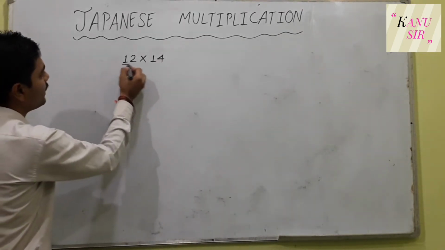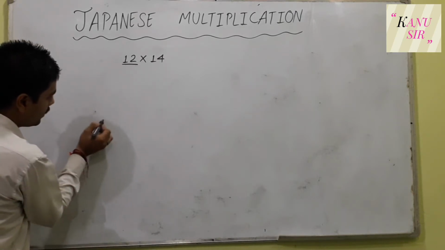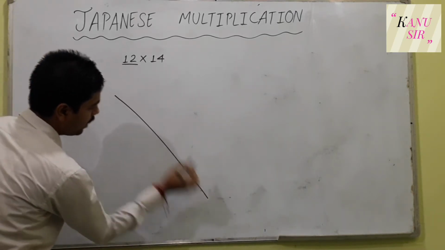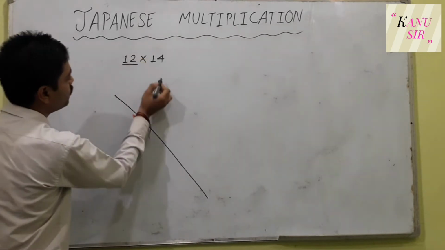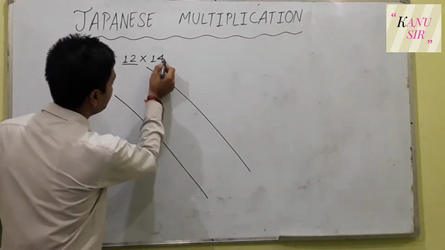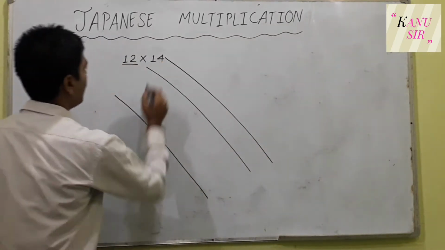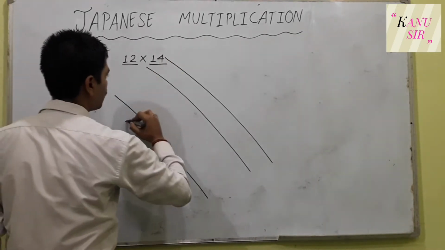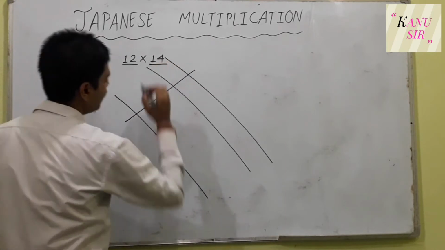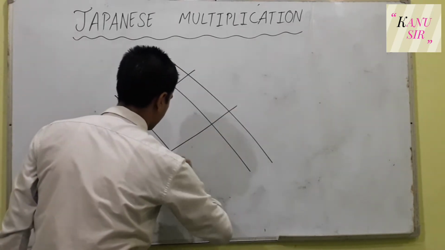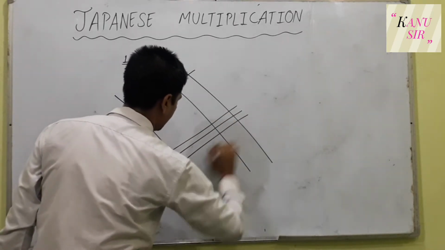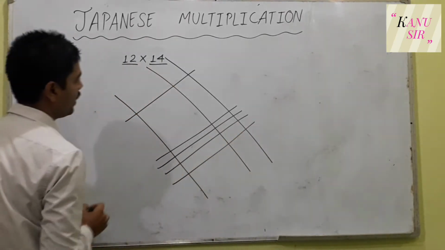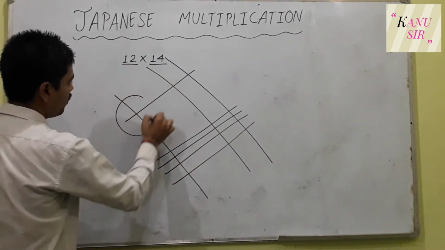First we take 12: here is 1, and the next number is 2, a little bit farther. Now the next is 14: there is 1, and a little bit farther the 4. Now there are 4 areas.